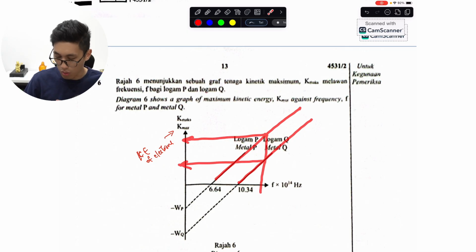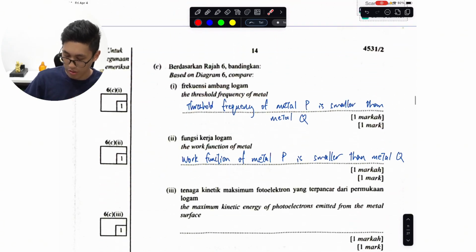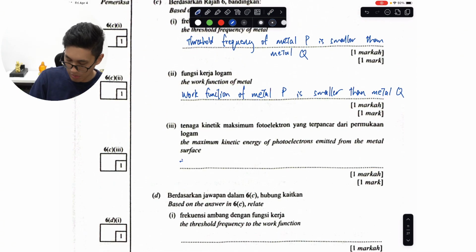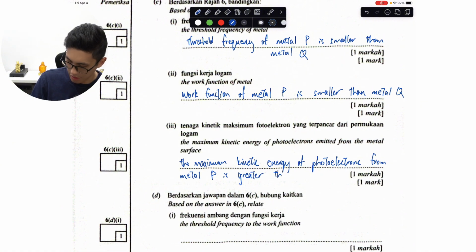P will always be higher than Q when it comes to the maximum kinetic energy. So the maximum kinetic energy of photoelectrons from metal P is greater than metal Q.